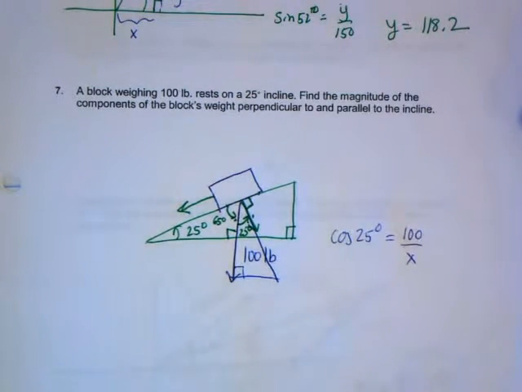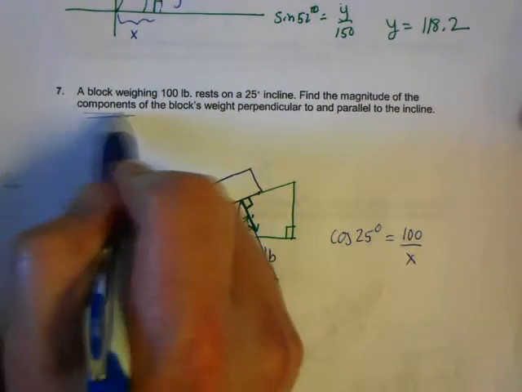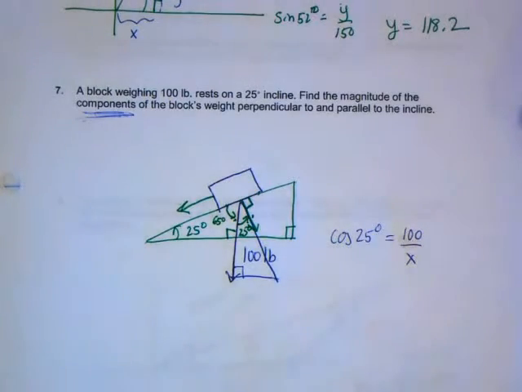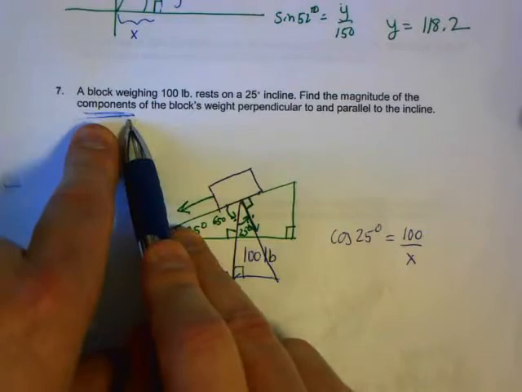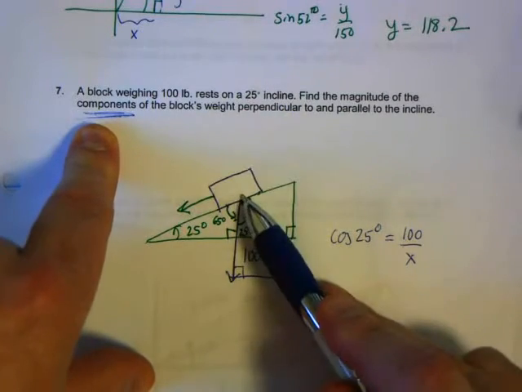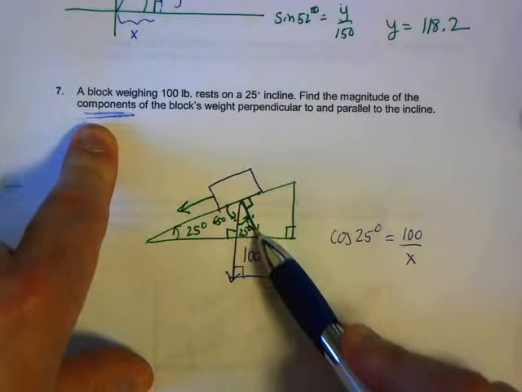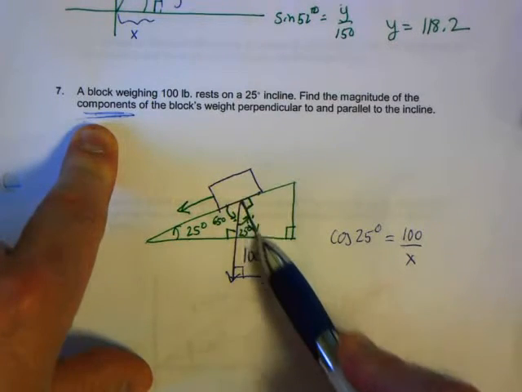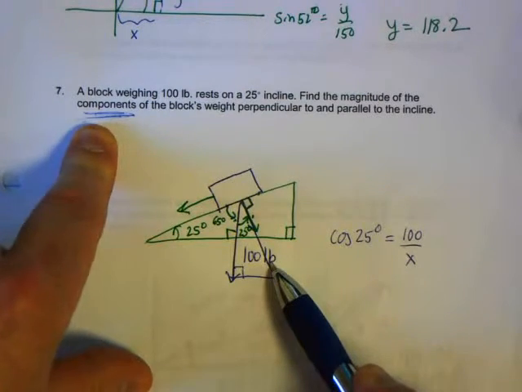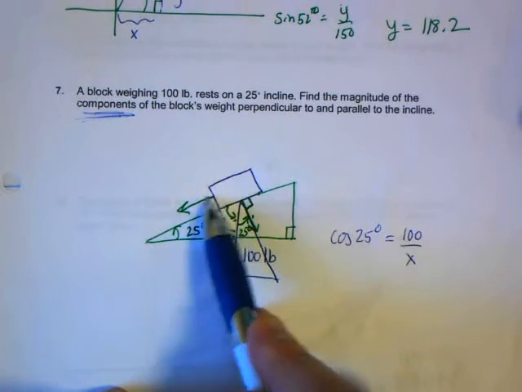I'm a little bit confused about what the question was asking. Is it asking to find x's and y's? It's not asking to find x's and y's. Usually, the word components means x's and y's. But in this case, it said find the component perpendicular to the incline. So when it's talking component, it's talking the force in this direction. And then parallel, it's asking to find the force in that direction.